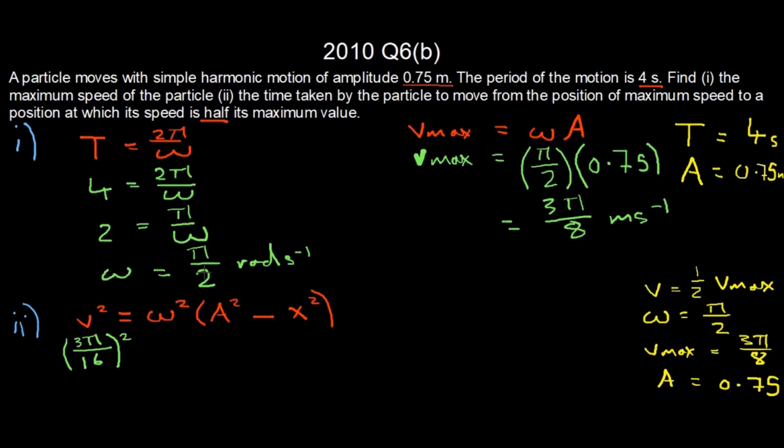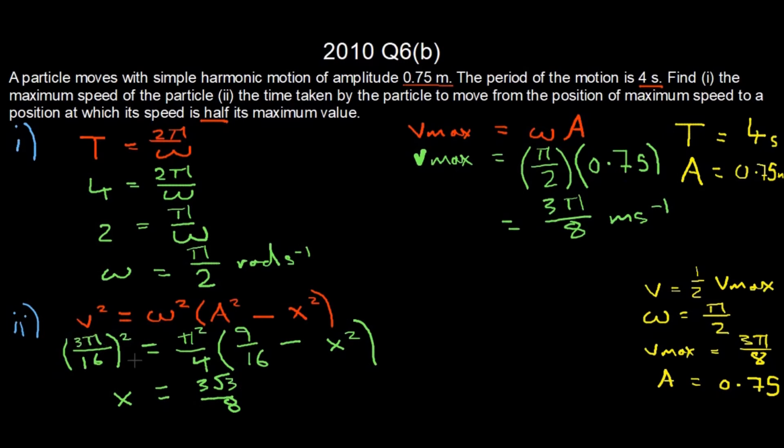We know that omega is pi over 2 radians per second. So that squared would be pi squared over 4. Now we know A is 0.75 meters. That squared would be 9 over 16. Now we don't know what x is, so we're going to leave that as x squared. So if you manipulate this equation, you end up getting x is equal to 3 root 3 over 8.